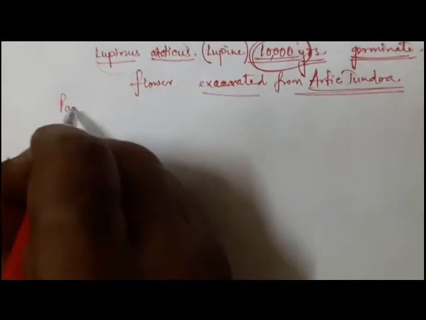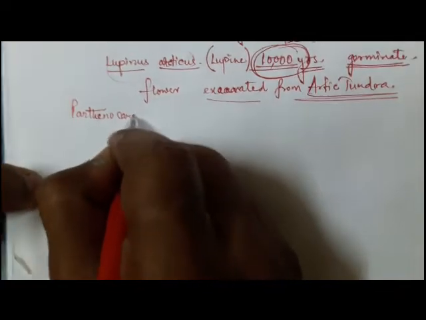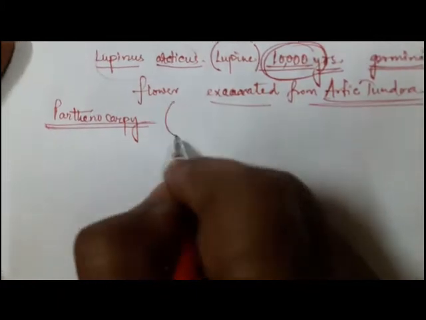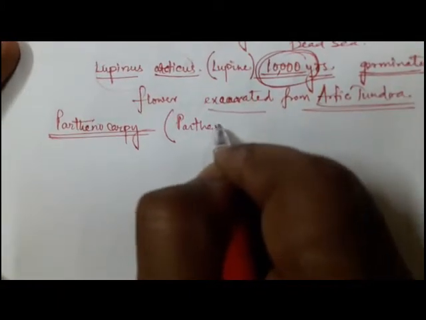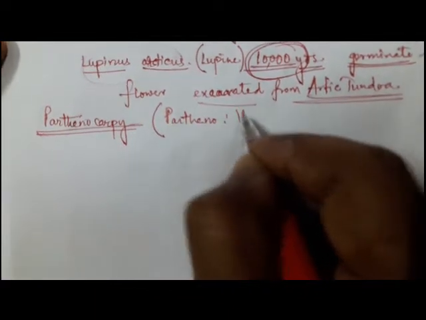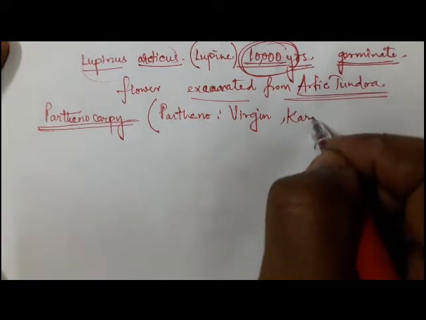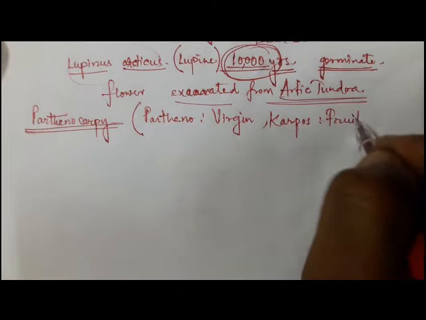And the next topic which we will learn here is parthenocarpy. This parthenocarpy is derived from the word partheno, which means virgin, and karpos, meaning fruit.